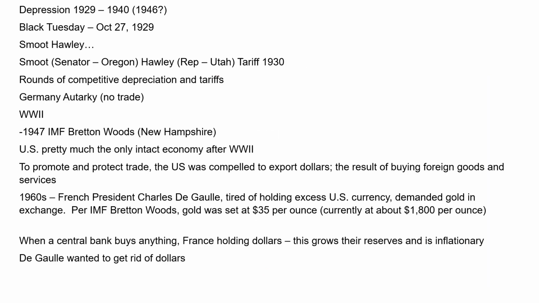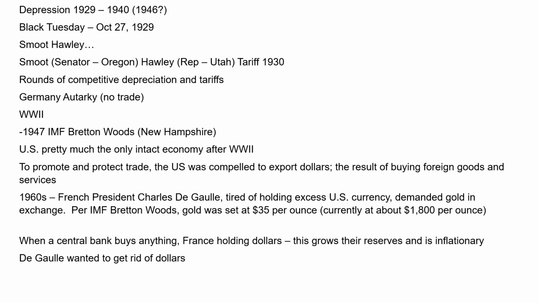So a quick walkthrough on international finance, going through the 20th century to pretty much the current day. We had the Great Depression, which went from 1929 roughly to 1940, and some people say it really wasn't over until the end of World War II, because in essence, through World War II, we had no consumer goods at all. This was all wartime production, so it really didn't count as economic prosperity, if you will.